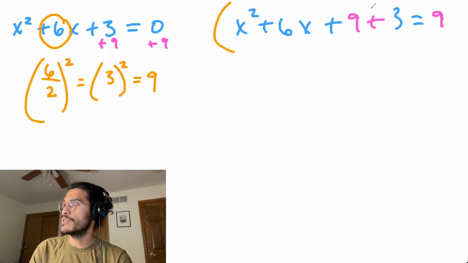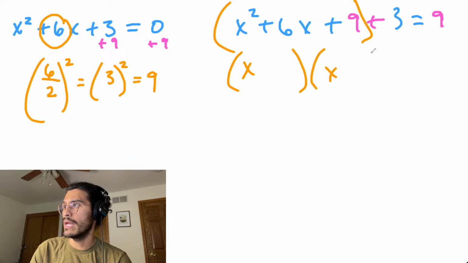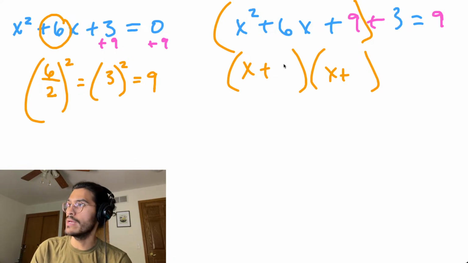The reason that's useful is because this part here, this x squared plus 6x plus 9, now we can factor this as an x plus something that works out nicely. What are factors of 9? Well, there's 1 and 9, or 3 and 3. Let's try 3 and 3.